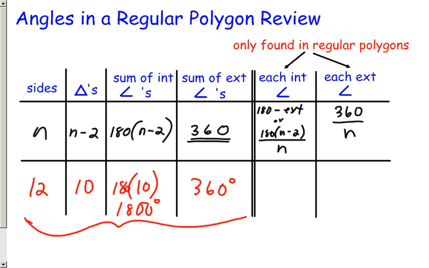If this is a regular dodecagon, which has 12 sides, I can find each interior angle one of two ways. I could take 1800 divided by 12 and get 150.